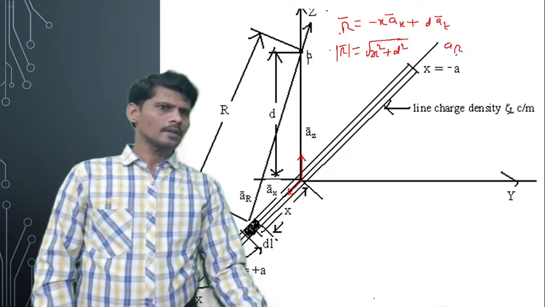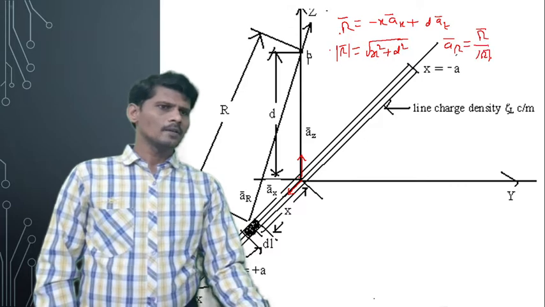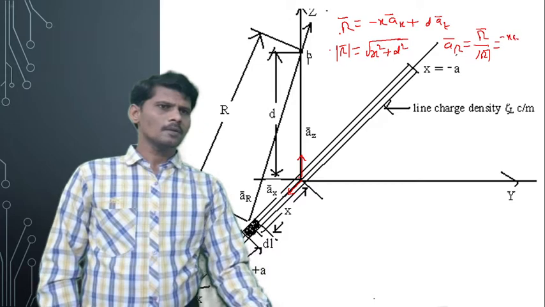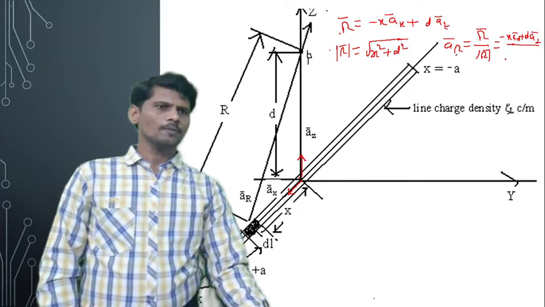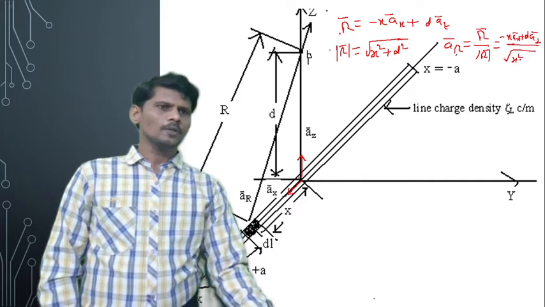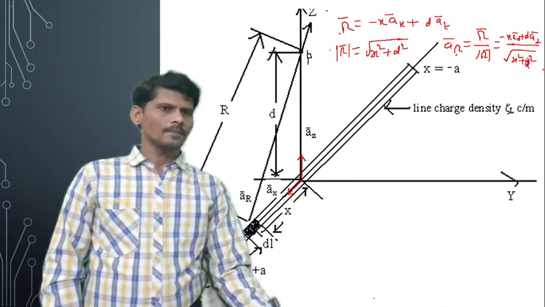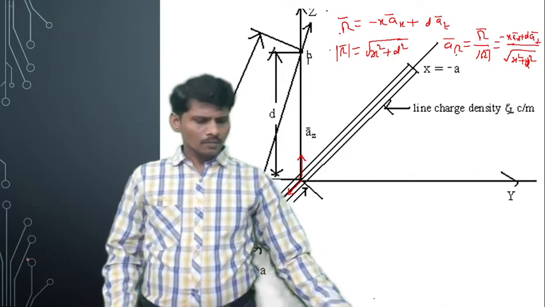Unit vector A suffix capital R bar is equal to R bar divided by magnitude of R bar. So what is the R bar value? R bar is minus x ax bar plus d az bar by magnitude of R bar. What is the magnitude of R bar? Square root of x square plus d square. So this is the distance vector from the figure.